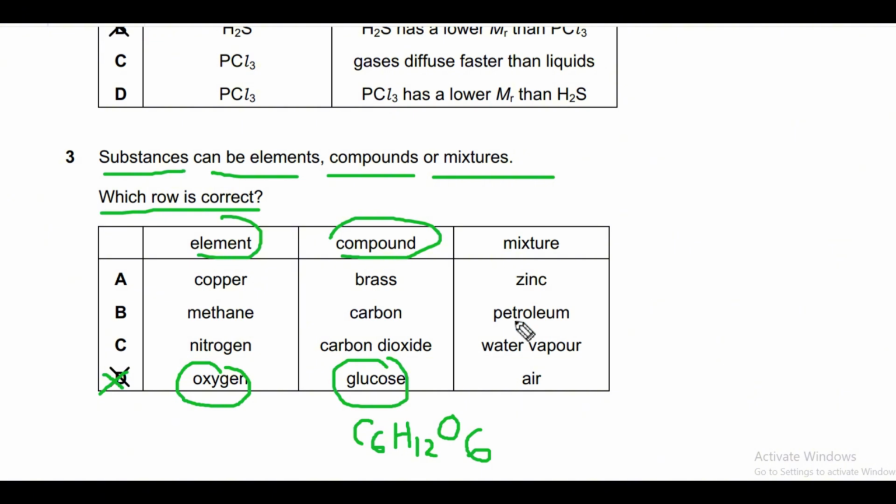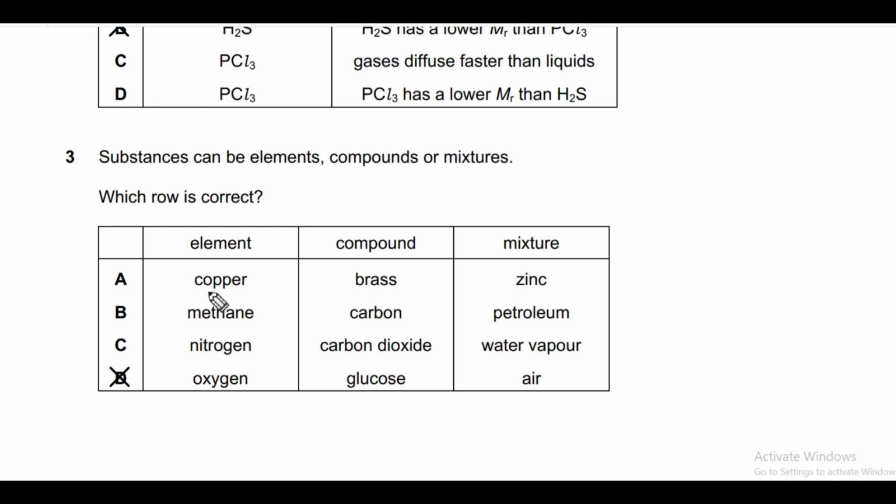So this is compound, and air is a mixture. Air contains nitrogen, oxygen, carbon dioxide, so it is a mixture. D is the correct answer. Why is A wrong? Copper is element, this true, but brass is a mixture, this is wrong. Zinc is a mixture, wrong. So D is the right answer.